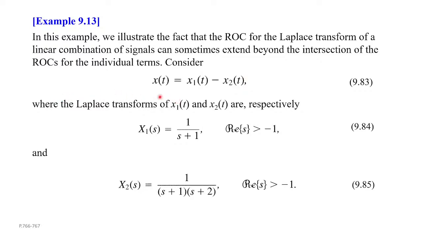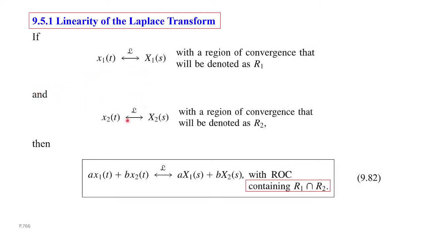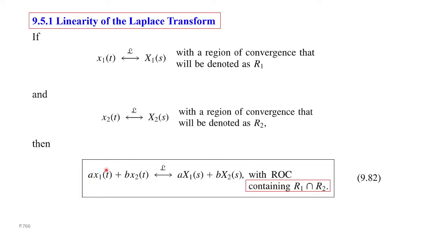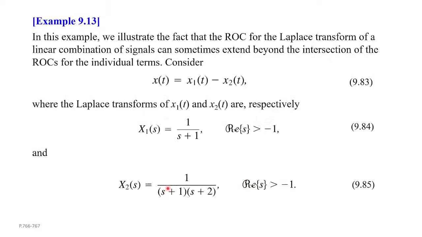Anyway, it's going to be set up really like this. Your signal is going to be some x1 minus some signal x2, so a linear combination with a equal to 1, b equal to minus 1.